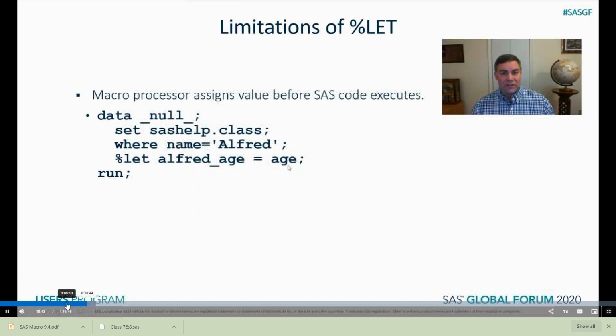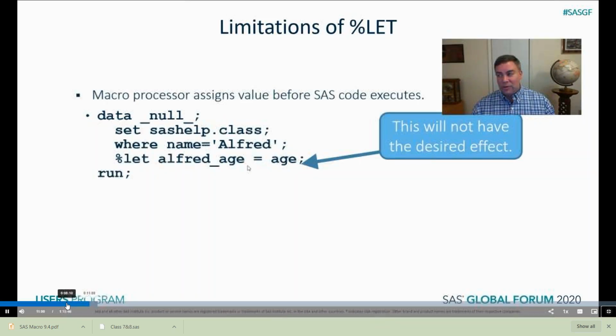Age is the name of one of the variables in the SAS_help.class data set. So we read in one record, and then we attempt to take the value of the variable age and assign it to a macro variable called Alfred_age. That should work, right? Well, this is not going to come out the way we were hoping.